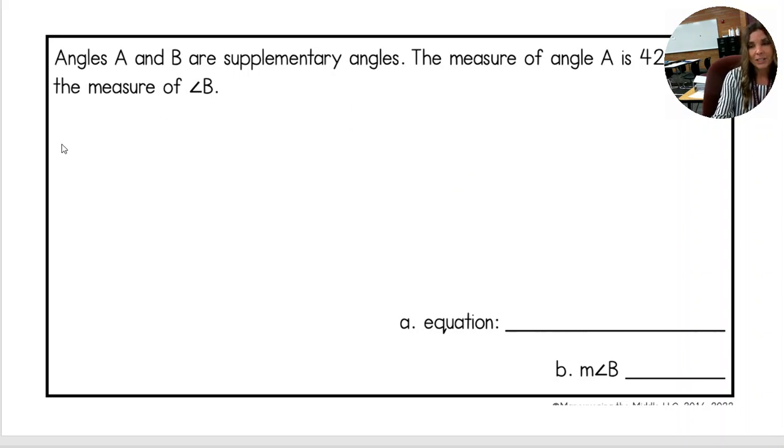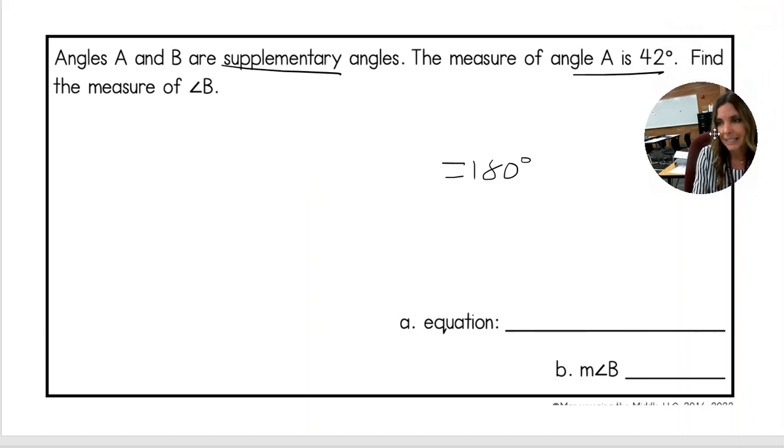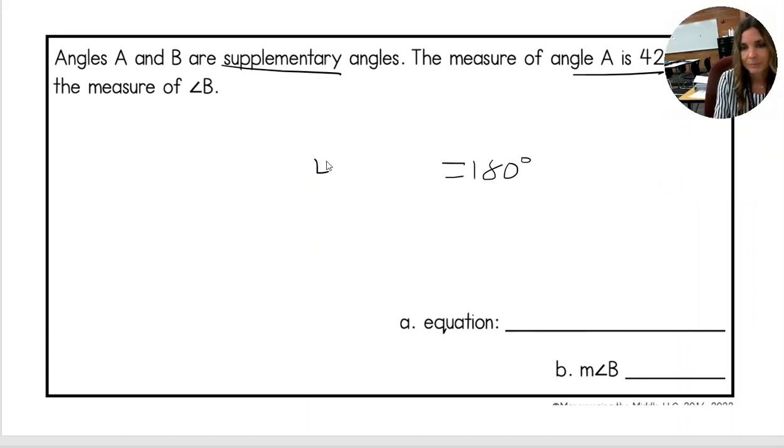So the first thing that we know is supplementary means that the two angles are going to add together to be 180. We also know that the measure of angle A is 42. So 42 plus something we don't know has to equal 180. So if I want to get this variable all by itself, we have to get rid of this addition of 42.